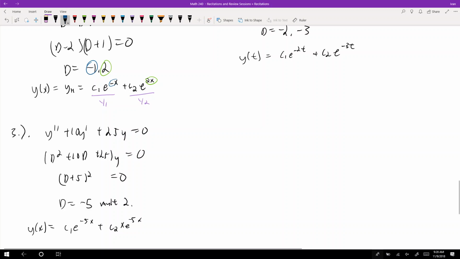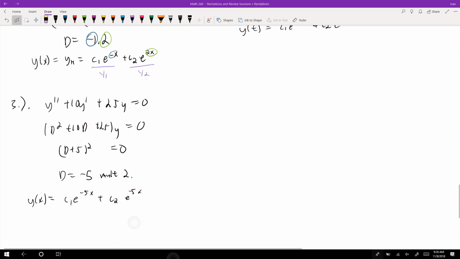So this is the correct solution, right? It's c1 e to the -5x plus c2, and then you have this weird factor of x, times e to the -5x. The reason we need that x is because our homogeneous solutions need to be linearly independent from each other. If we didn't have this x, and don't do that on your paper, but just hypothetically, those two are the same thing, just a constant multiple of each other.